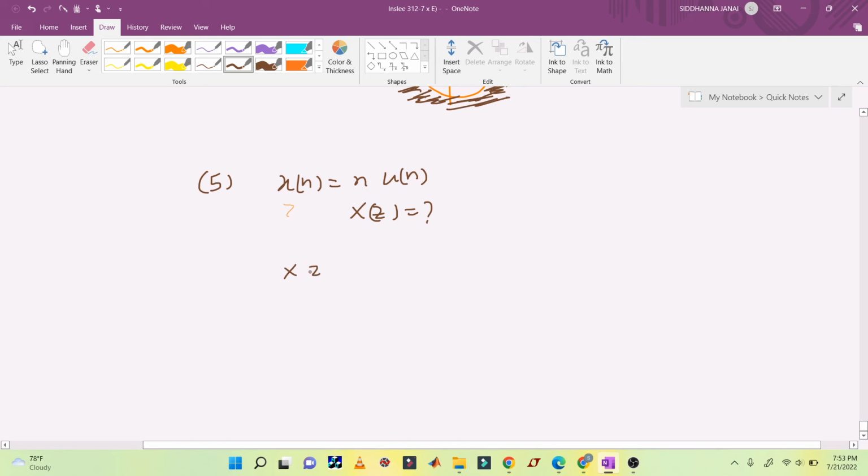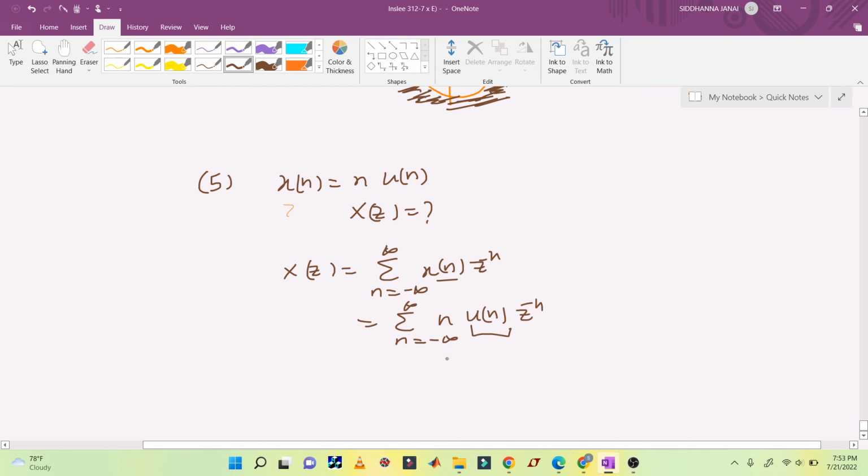So we have the equation again: X of z is equal to summation x of n z to the power minus n. Substituting x of n, n into u of n, z to the power minus n.